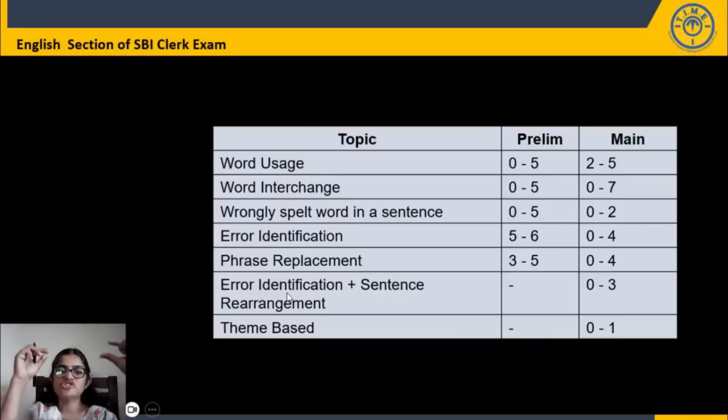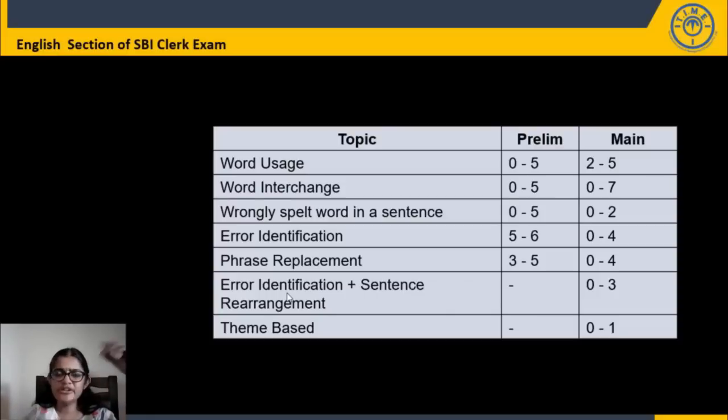Error identification plus sentence rearrangement. We mentioned this earlier. This is a pattern which has been occurring only in mains so far. Up to 3 questions have been asked in the past, and theme-based question has appeared only once in the past.